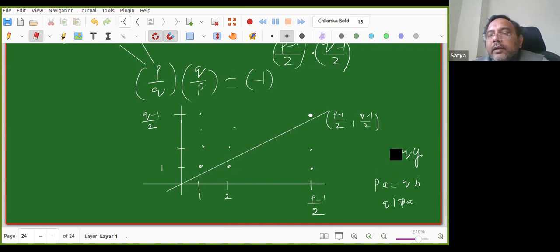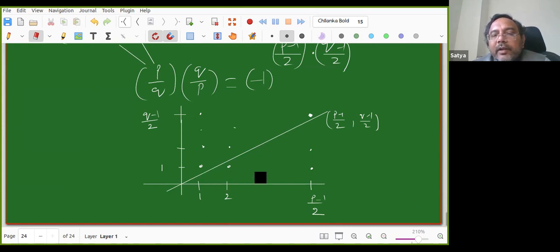Then what about all the points now? Are they above the line or below the line? He counted them, above the line and below the line. If you add all the points above the line and all the points below the line, we'll get all the points.